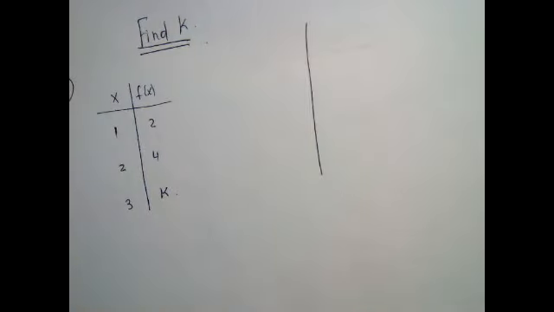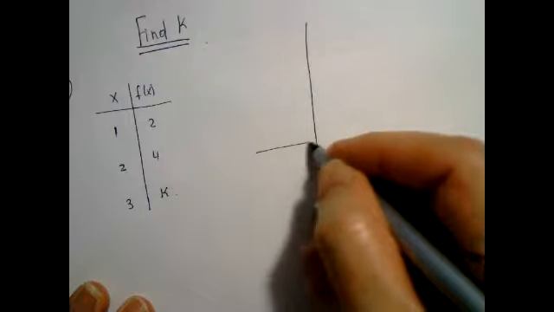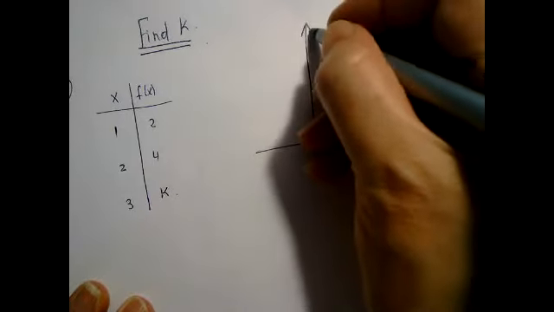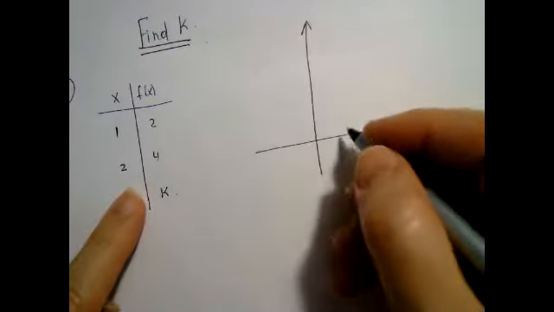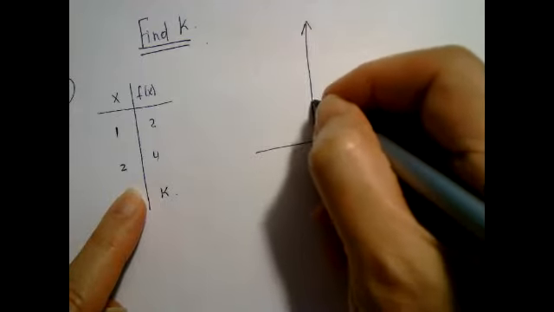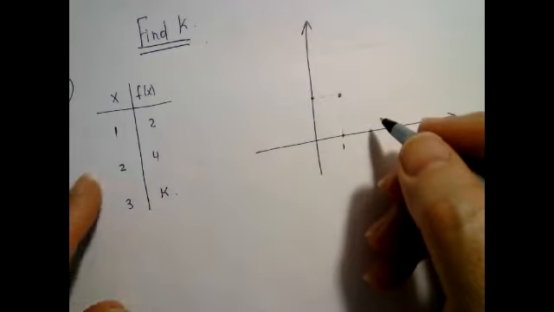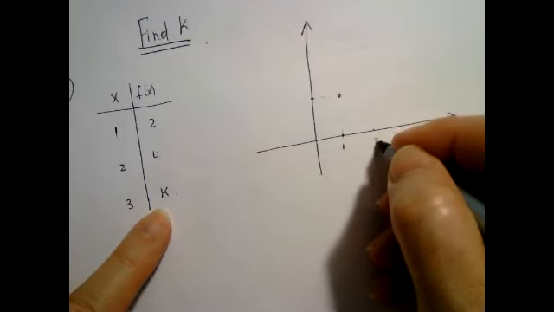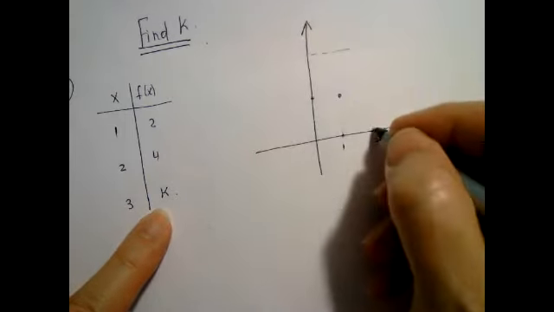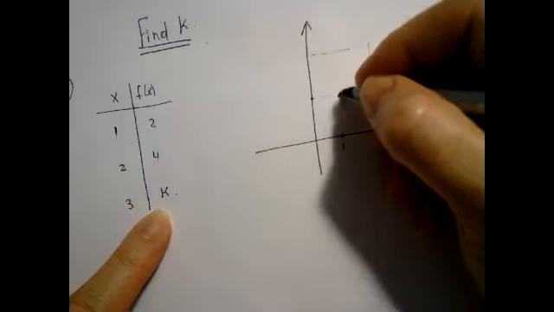That's my function. I didn't tell you anything about my function yet. I'm going to graph it, though, just to give you an idea. So this is 1, 2. That's a point. And this is 2, 4. And this is the graph.